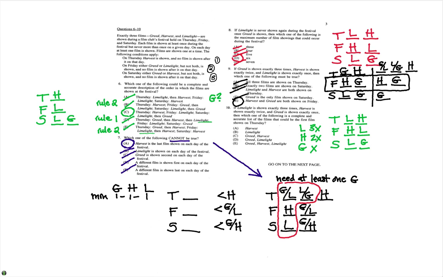So, which of the following is a complete and accurate list of the films that could be the first film shown on Thursday? Well, we know that Harvest cannot be the first film shown on Thursday.